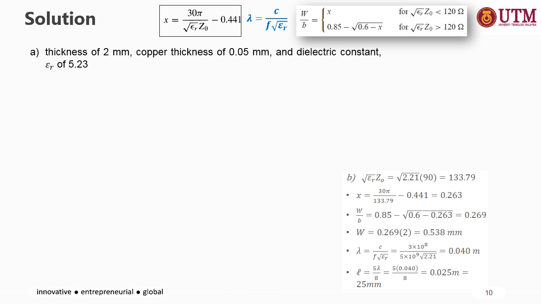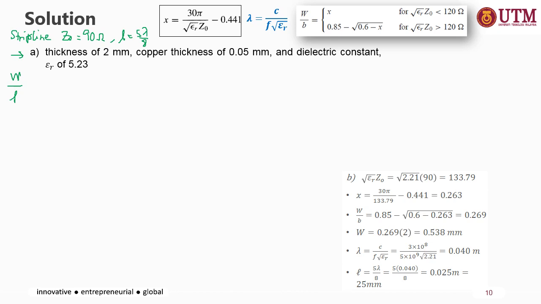Okay, let's try this out. The given question: you have the strip line with Z0 equal to 90 ohm and the length given as 5 lambda over 8. You need to calculate the width and the length if the substrate used has these properties. To get the W and also the length, refer to the related equation.